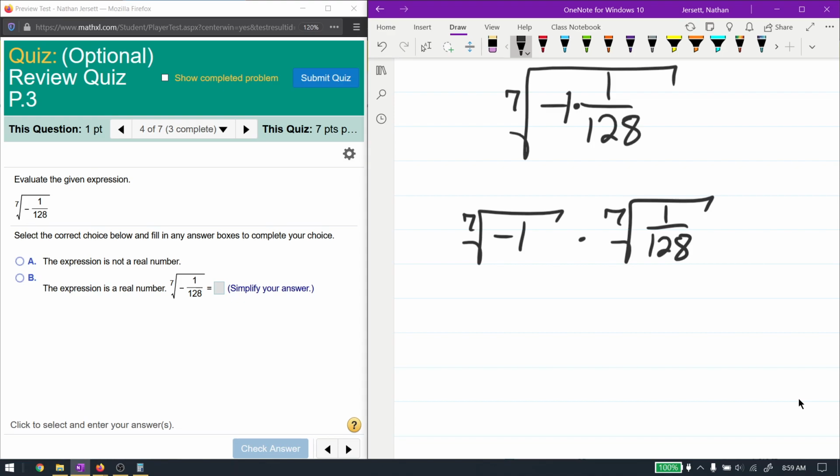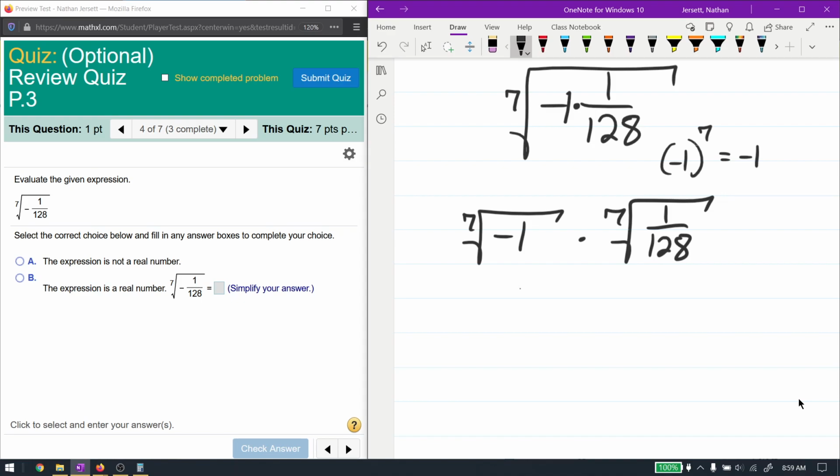If you take negative 1 and multiply it by itself 7 times, you get negative 1. So the 7th root of negative 1 is negative 1. If it's an odd power, it's going to be negative 1. If it's an even power, you can't do it. It becomes complex, which we'll talk about in later videos.